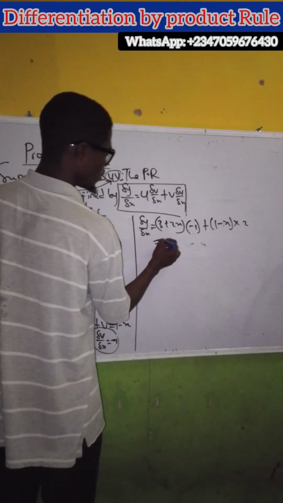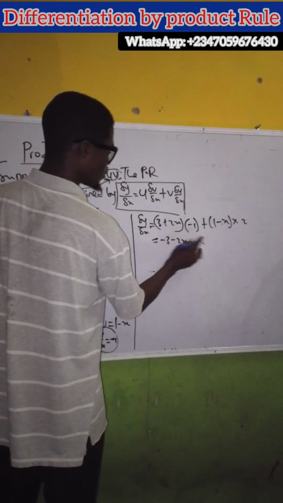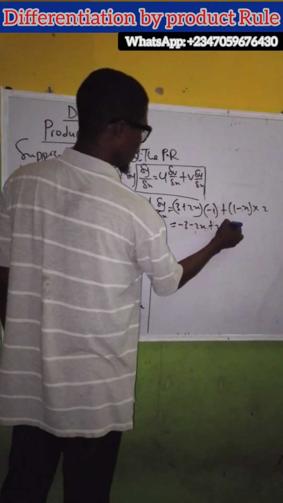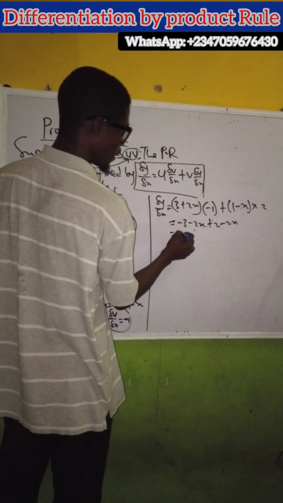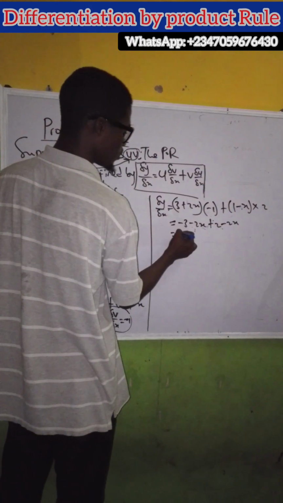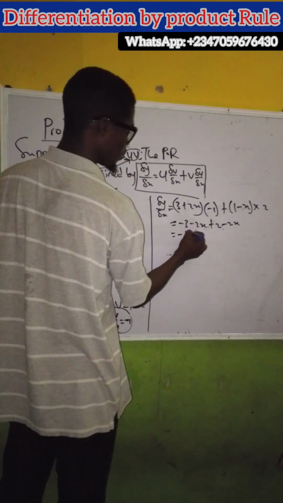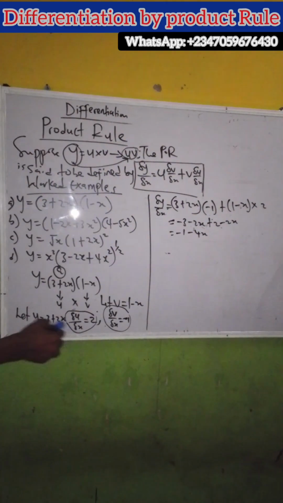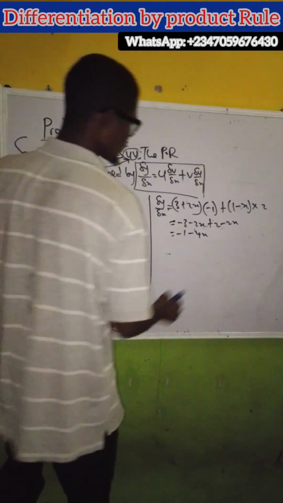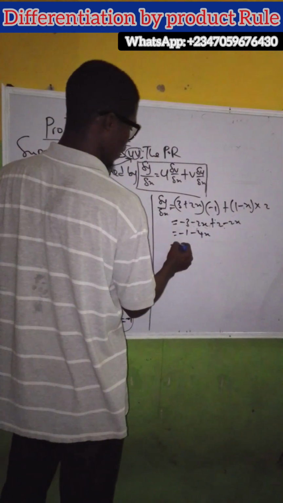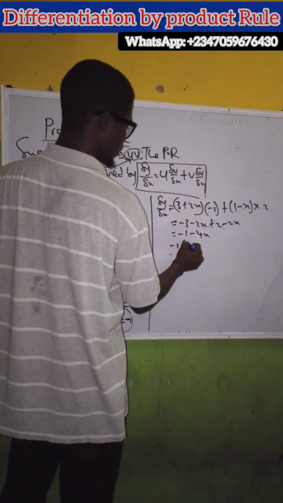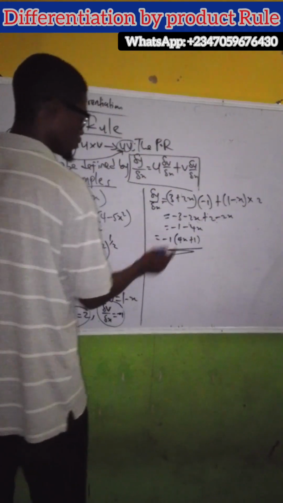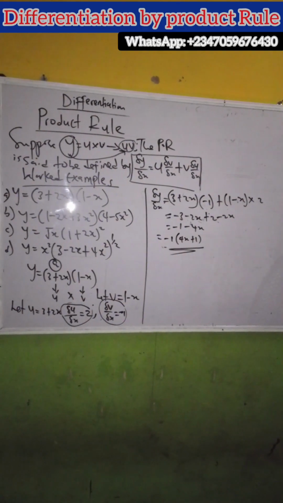So we have minus 3 minus 2x. You expand, then this one becomes plus 2 minus 2x, right? So that's minus 3 plus 2 is minus 1, then this one is minus 4x. Is there no mistake? Yes. So now we have minus 1 into bracket 4x plus 1. So you can leave the answer this way. This is our answer for this.